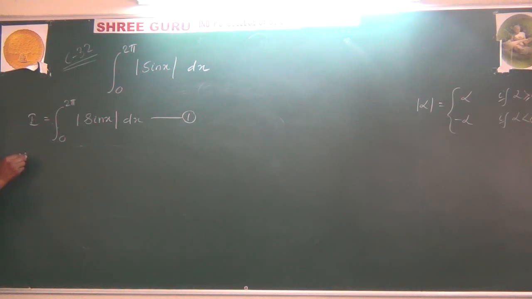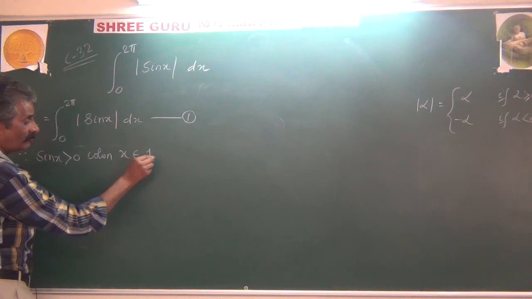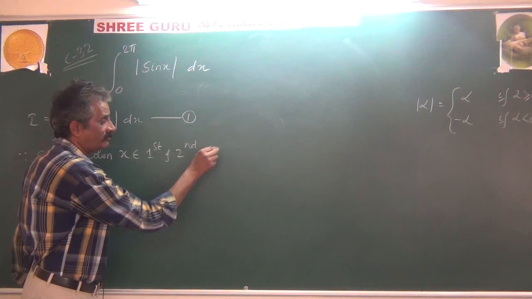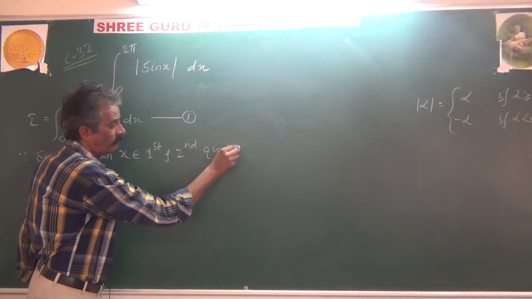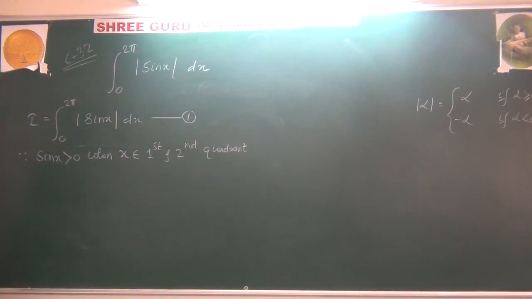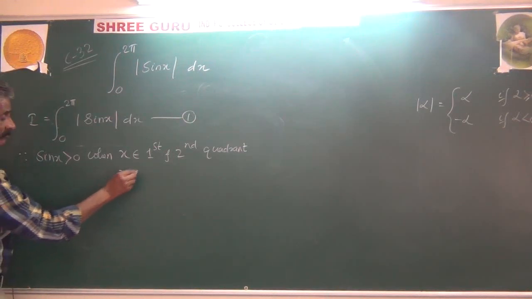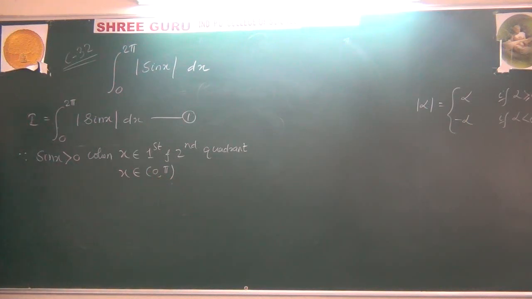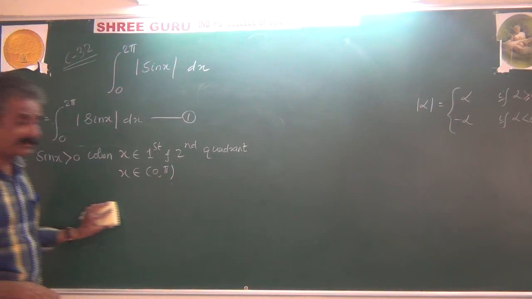You write, since sin x is positive when x belongs to first and second quadrant, means 0 to pi. That is, x belongs to interval 0 to pi. 0 to pi is connected with first and second quadrant.